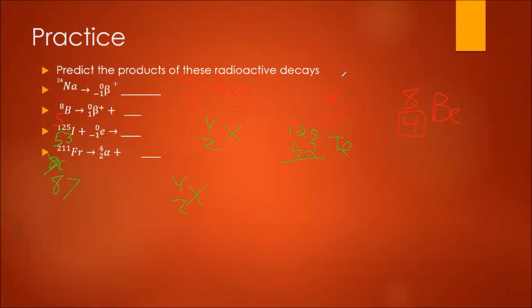Y plus 4 is 211, so that means we have 207. Z plus 2 is 87, so 85. And that moves us to astatine.